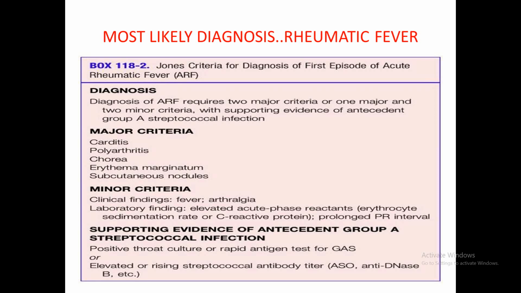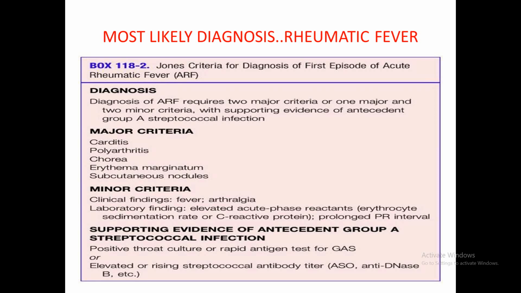The major criteria are carditis, which should be pancarditis, meaning pericarditis, myocarditis and endocarditis; polyarthritis; chorea; erythema marginatum; and subcutaneous nodules, which are called rheumatic nodules.